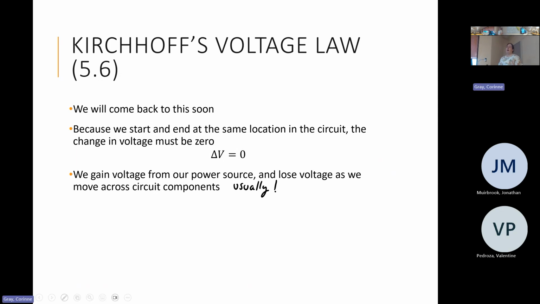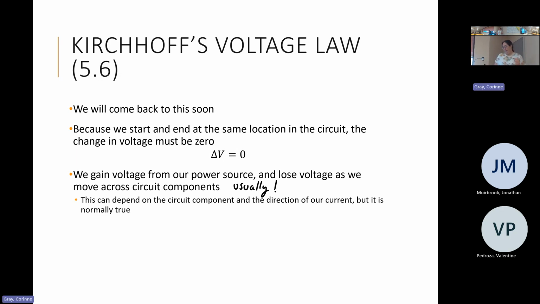There will be times, and we'll talk about this soon, where depending on how we put our batteries into a circuit, they don't always add up together in a positive way. Normally it's true, but not always, and we will build up those situations as we work our way through the class.